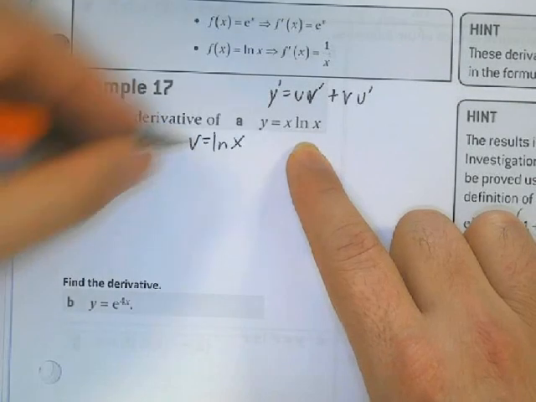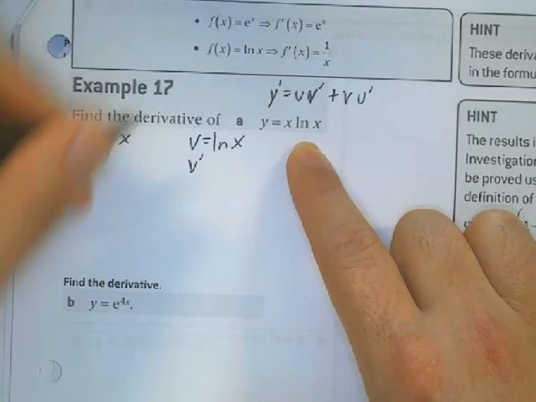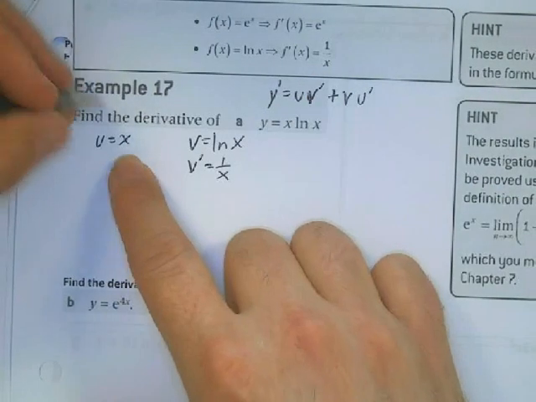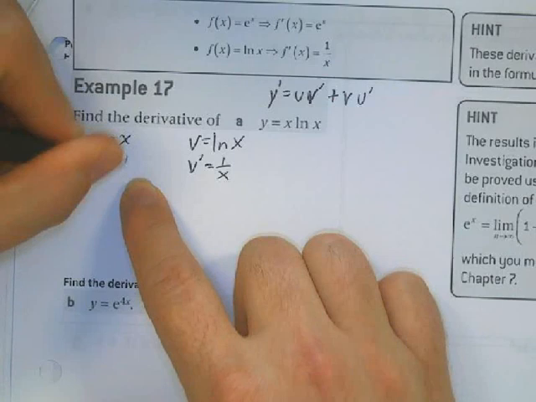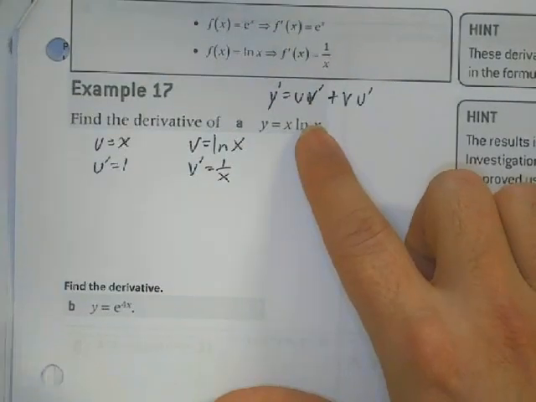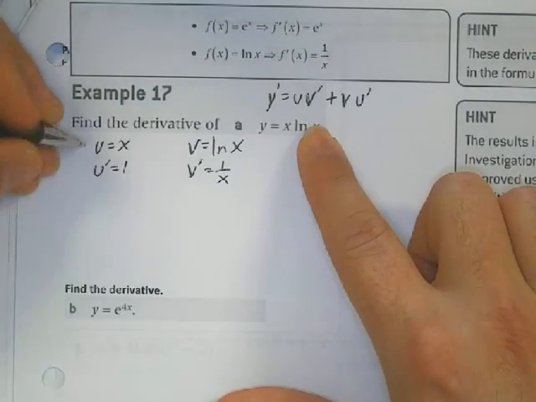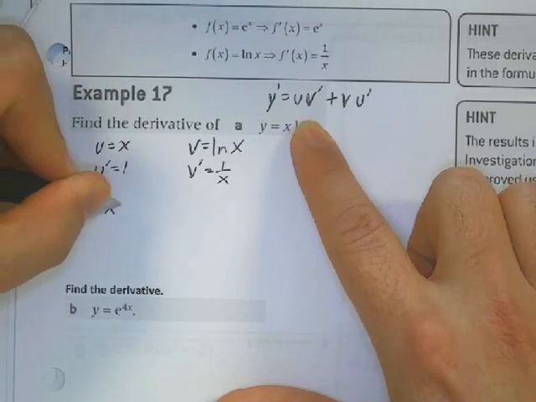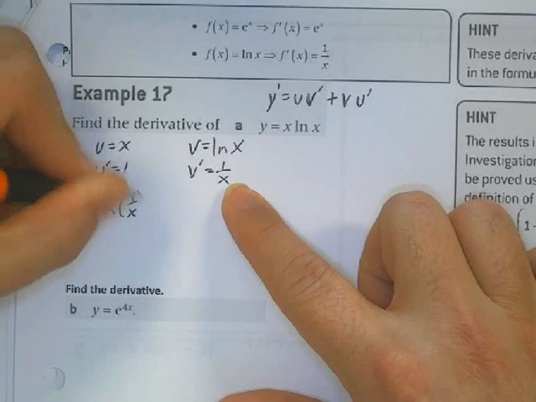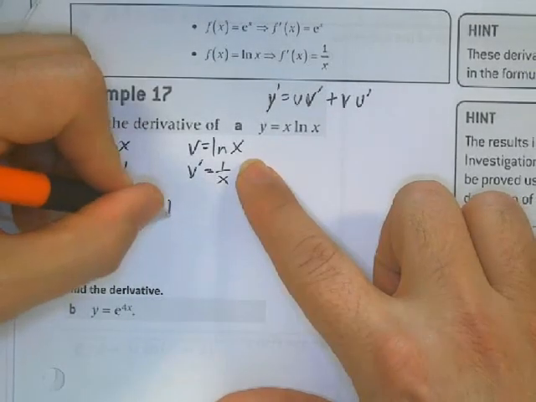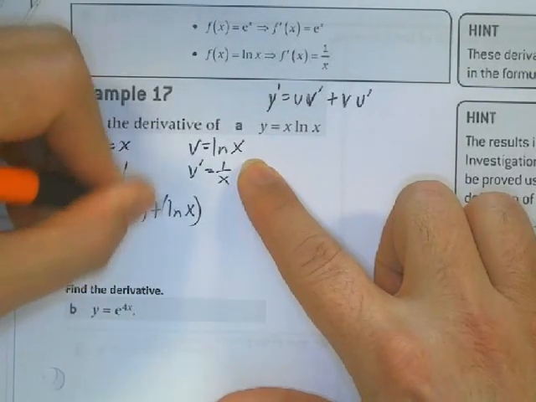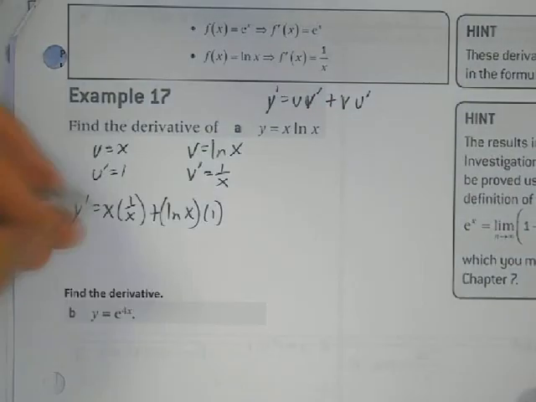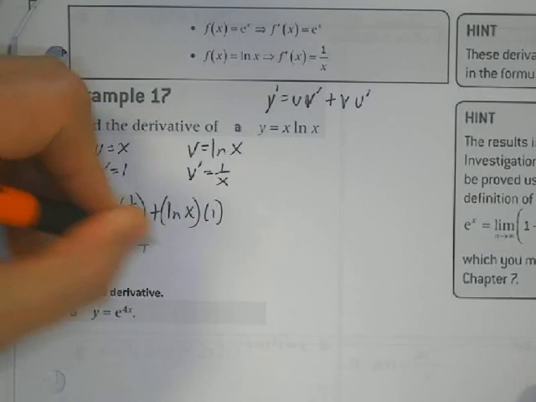The derivative of natural log of x we now know is 1 over x. The derivative when u equals x is going to be 1. And now I can plug it into my product rule. So then I get x times 1 over x plus v is natural log of x, and u prime is 1. Okay, that simplifies to 1 plus natural log of x.